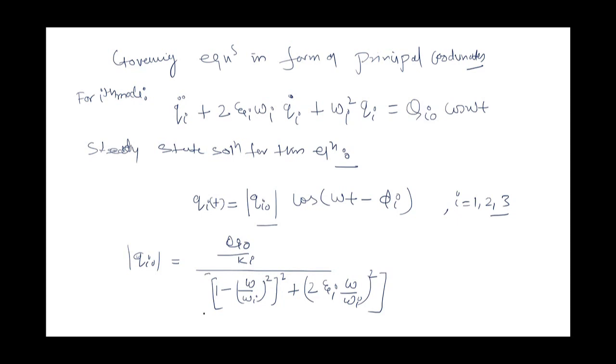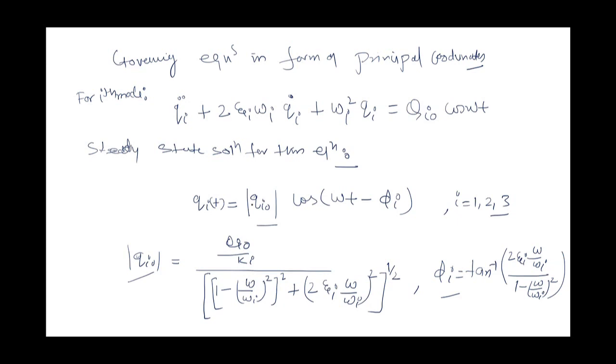And phi i can be found as tan inverse of 2 zeta i r i, which is omega over omega i, over 1 minus (omega over omega i) whole square. So using this relationship, we can find phi i, and the other relationship gives the amplitude of the response.